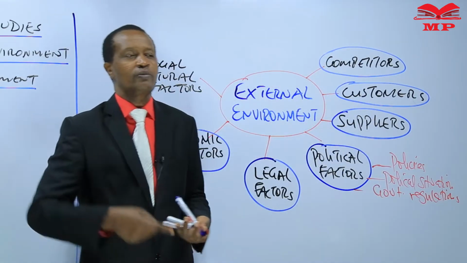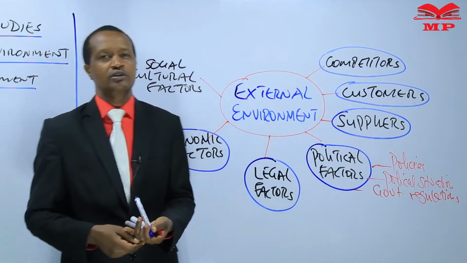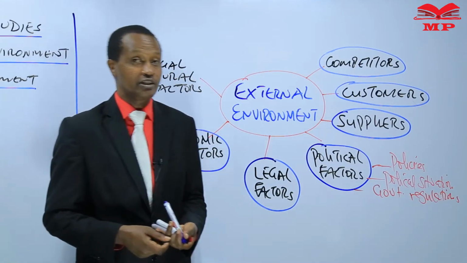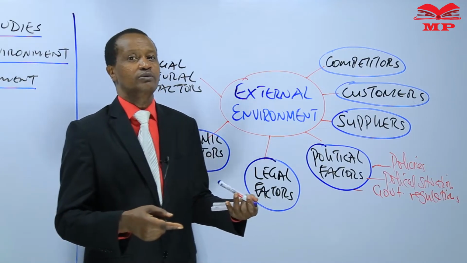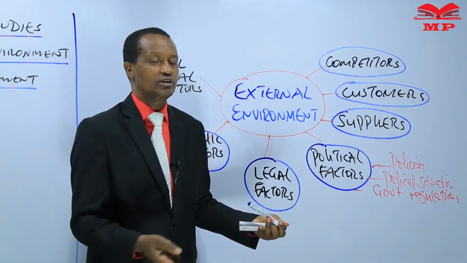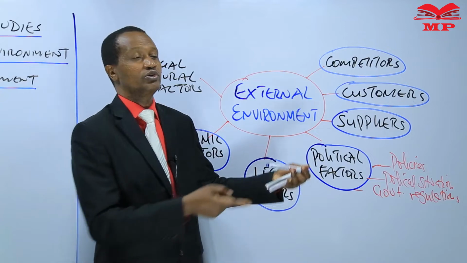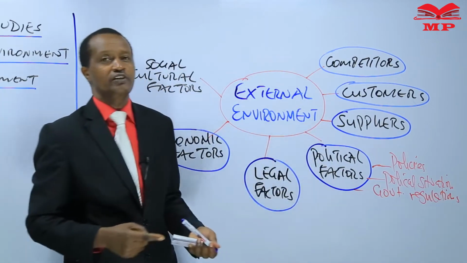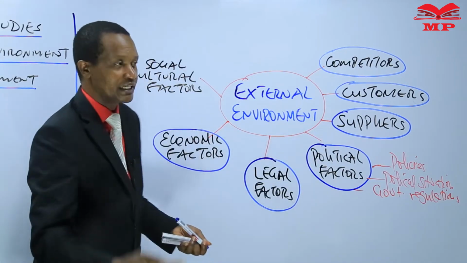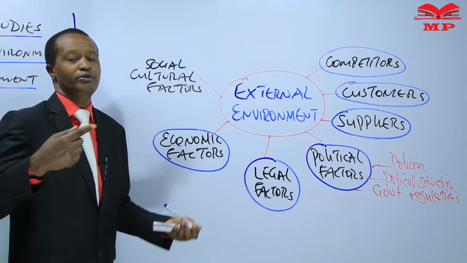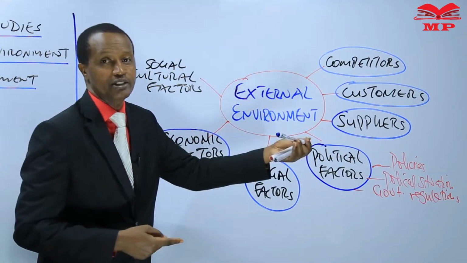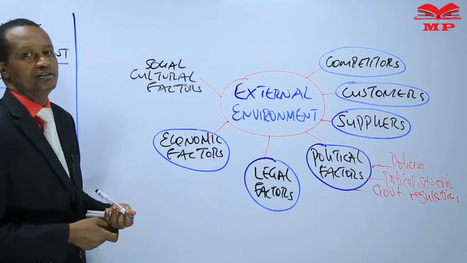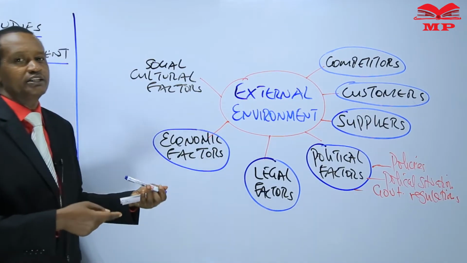Okay, influence of urbanization. When I was growing up as a young man, we're talking about clothing. There are some clothes that were not worn in the villages. Today, due to urbanization, people wear clothes that are worn in urban centers. Okay, so that is change.